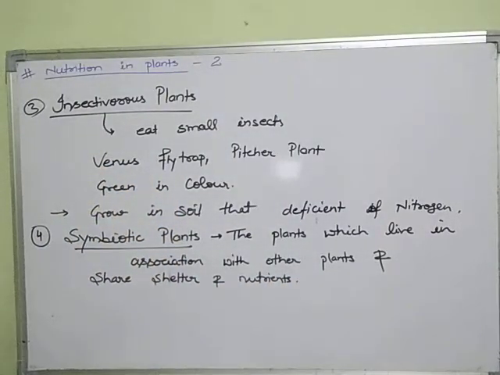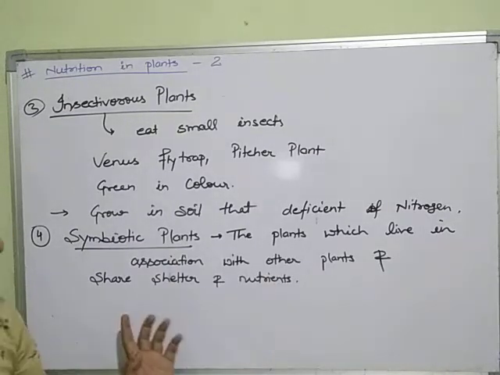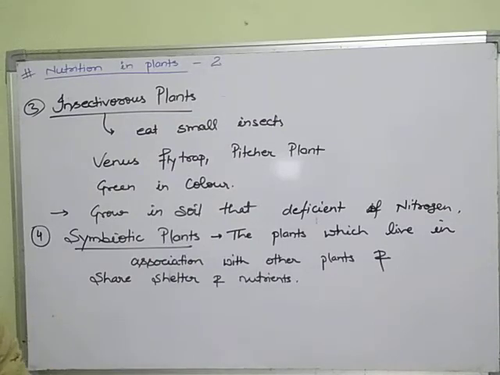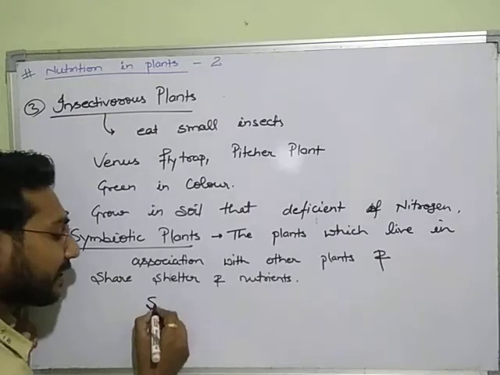That means they are mutually benefiting from each other. So symbiotic plants are those types of plants which live in association with other plants and share shelter and nutrients. That means they mutually benefit each other. Such a relationship between two plants is termed symbiosis.